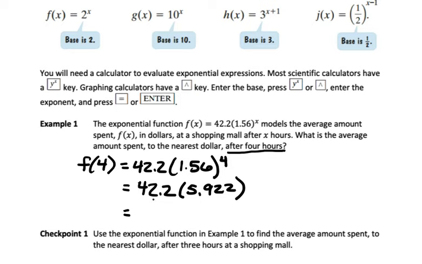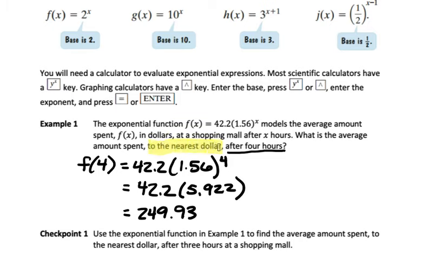So I'm going to multiply 42.2 times 5.922, or if I just typed this all into my calculator at once, what I would get would be 249.93, $249.93. Now, one thing that you always want to look for in these problems is the instructions that tell you how to round.